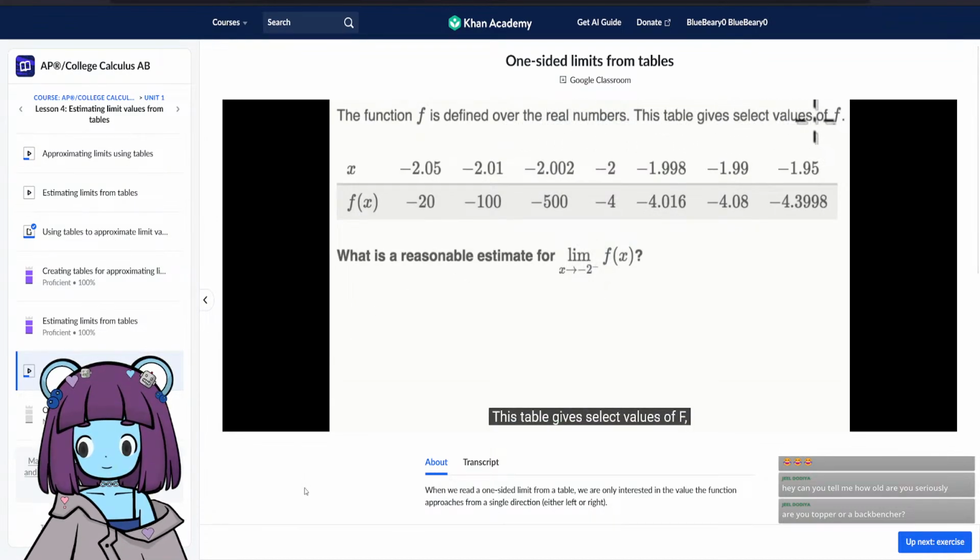Kind of too hard to tell. Yeah, use those values.